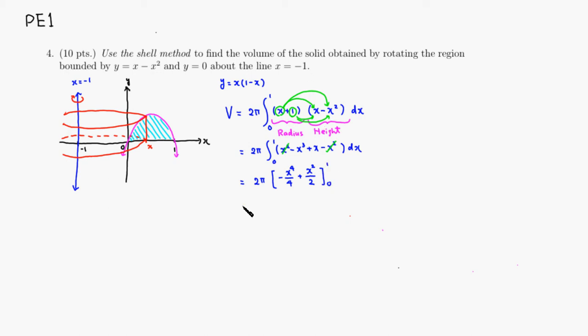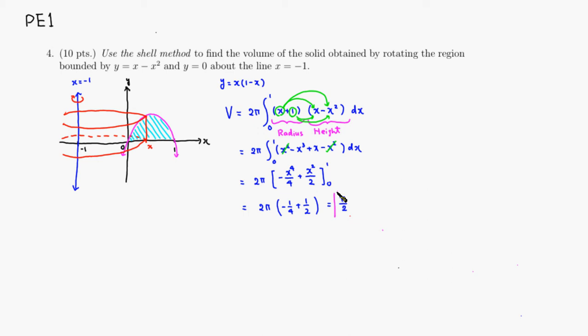So this is going to be 2 pi times, plugging in 1, negative 1/4 plus 1/2, and minus plugging in 0, it's all 0, so I'm not going to write anything down. So it's going to be 1/4 times 2 pi, which is pi over 2.